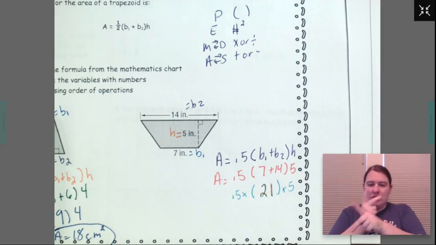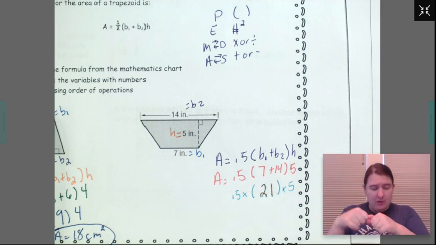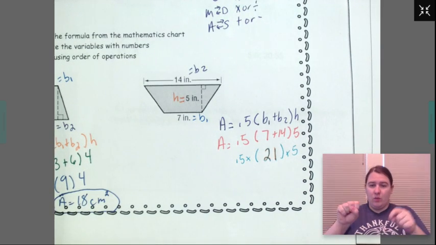Add that multiplication sign in there so you remember. So now I have 0.5 times 21 times 5.